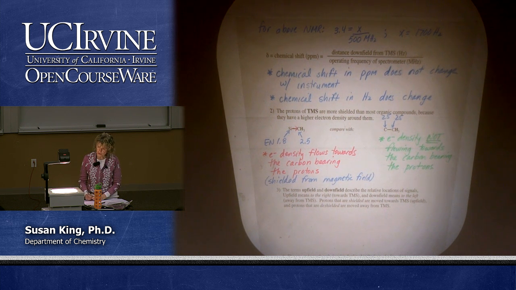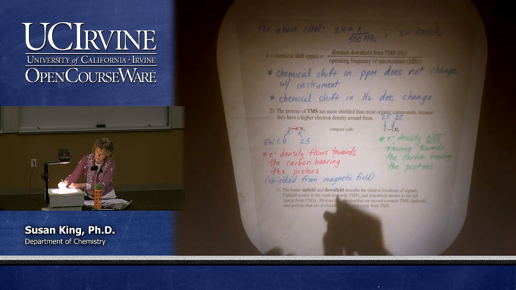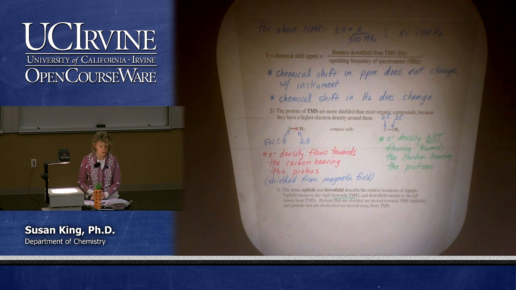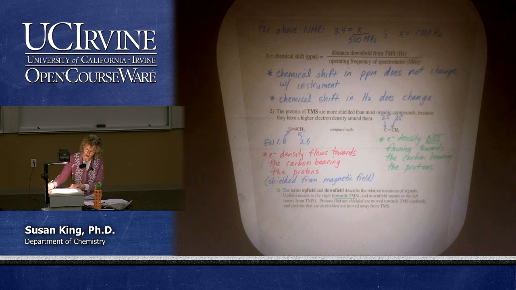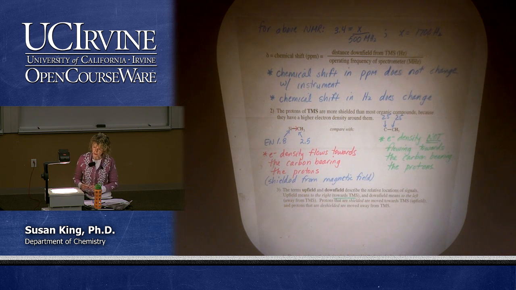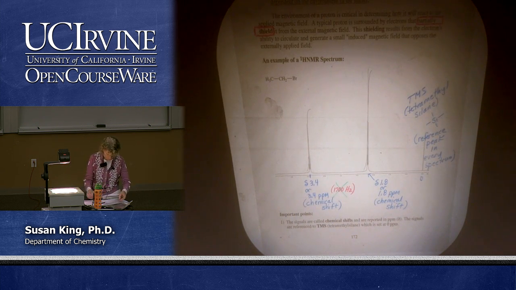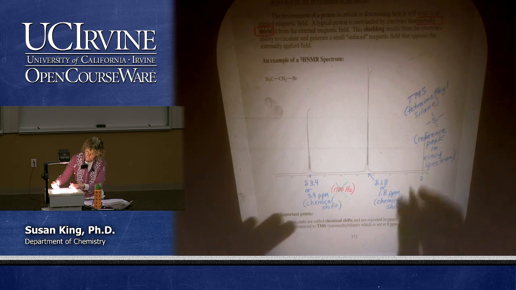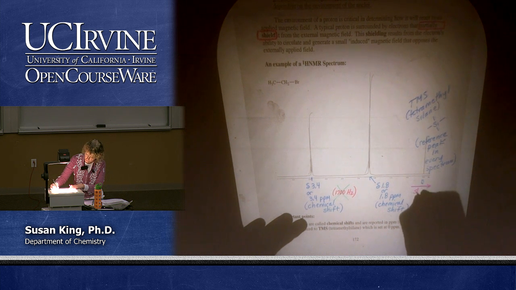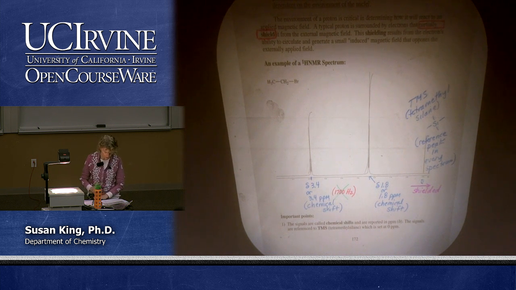The terms upfield and downfield describe relative locations of signals. Upfield means to the right towards TMS. So pretty much everything is in terms of TMS. Downfield means to the left, away from TMS. Protons that are shielded are moved towards TMS, upfield, and protons that are deshielded are moved away from TMS. So let's label that. Towards TMS, shielded is this direction going to the right.